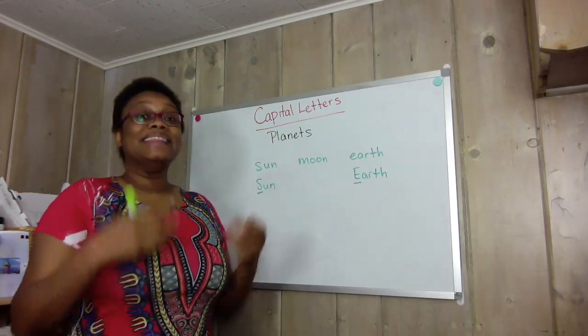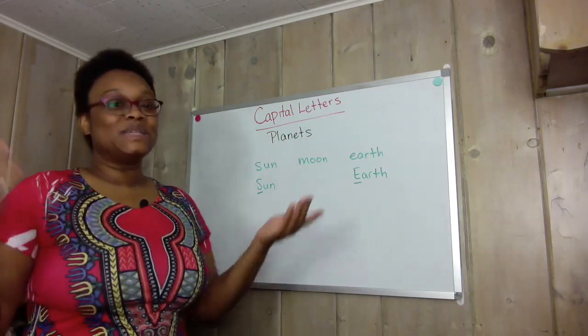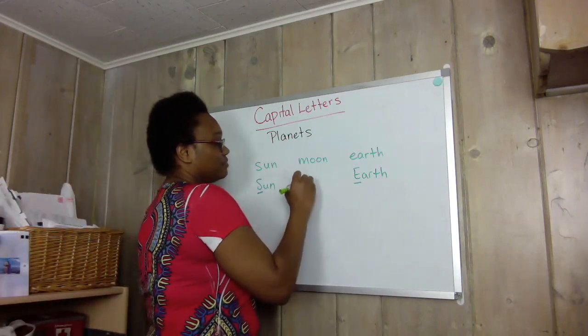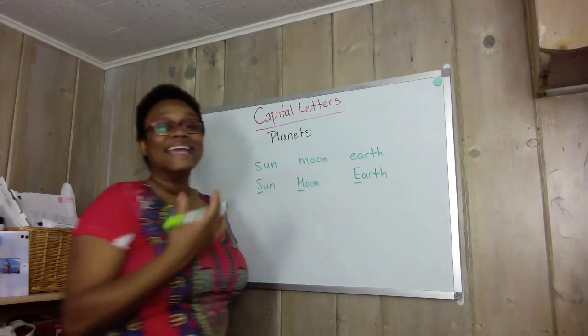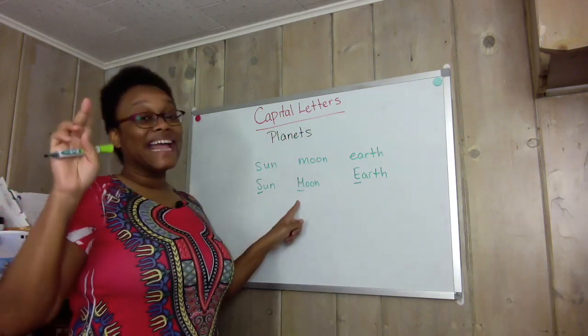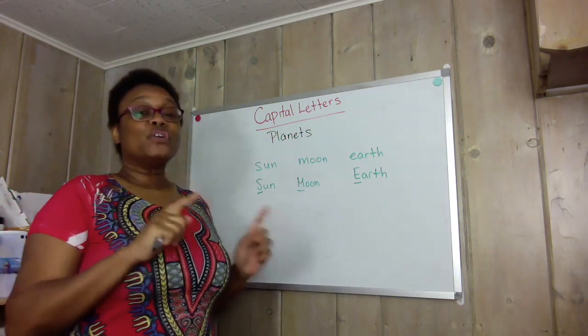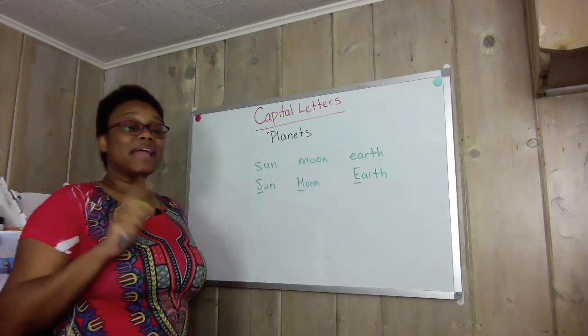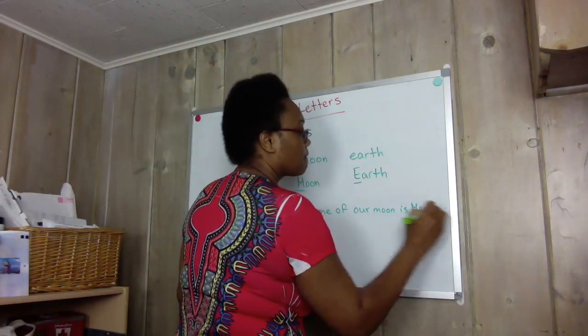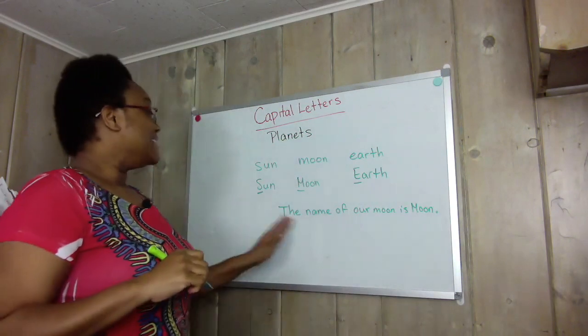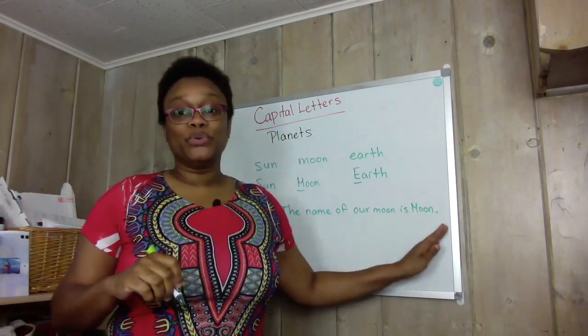If I was to say the name of our moon is Moon, that M would be capitalized the second time I use it. The first time in that sentence, it is not capitalized. The name of our moon is Moon.